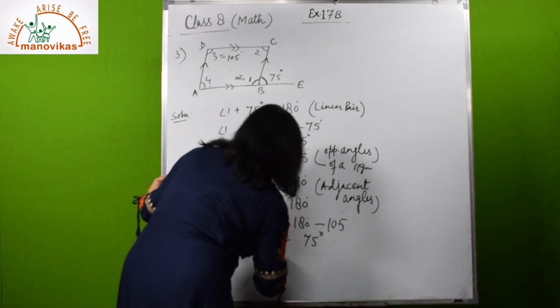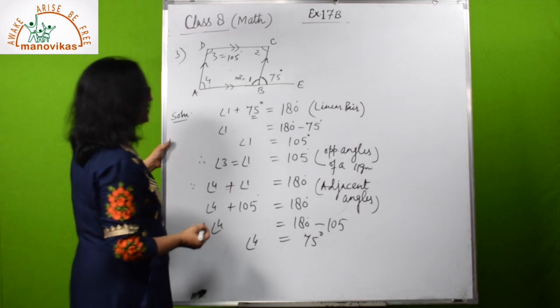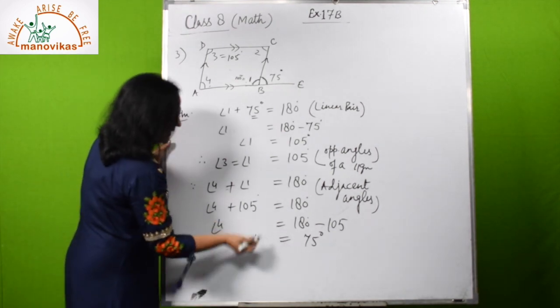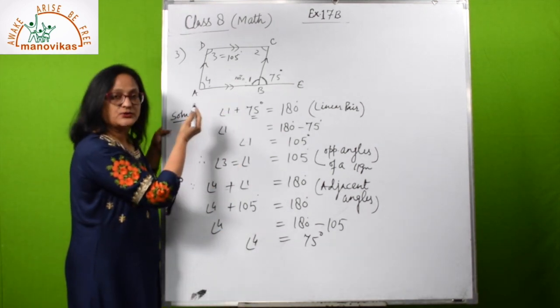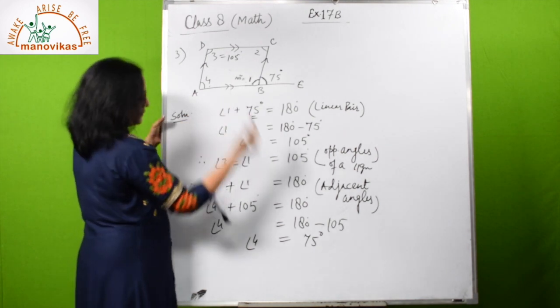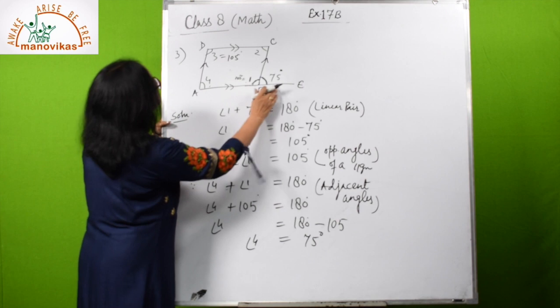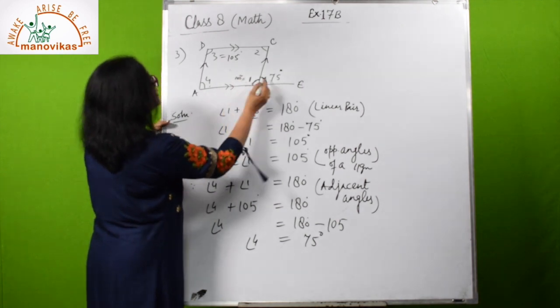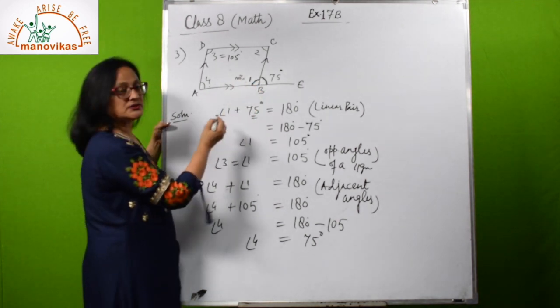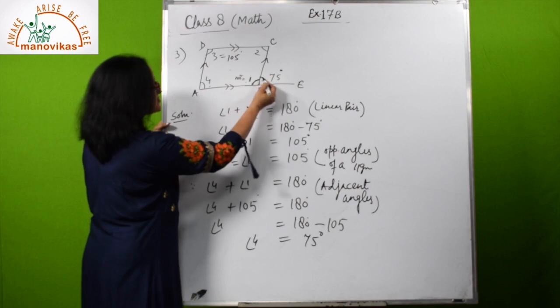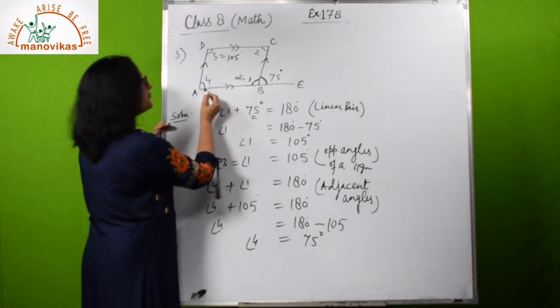So we got angle 4 is equal to 75 degree. One more angle is there that you can find directly. If in the figure you see, there is one more connection between 75, this exterior angle, and this angle 4.